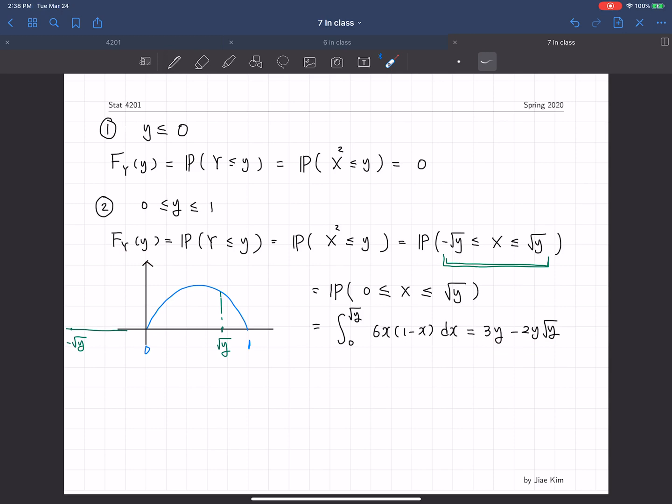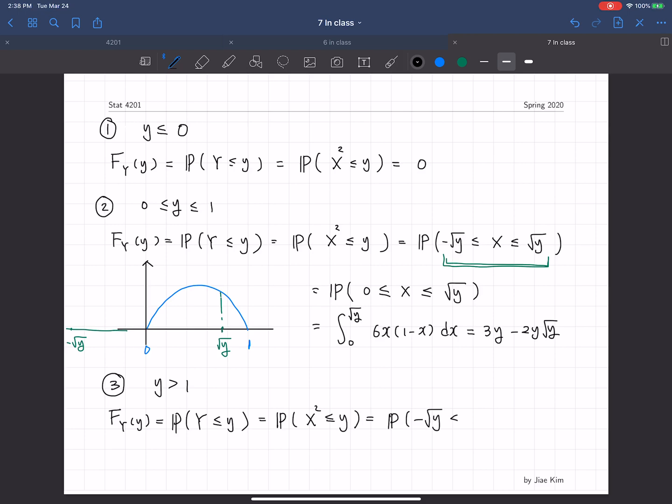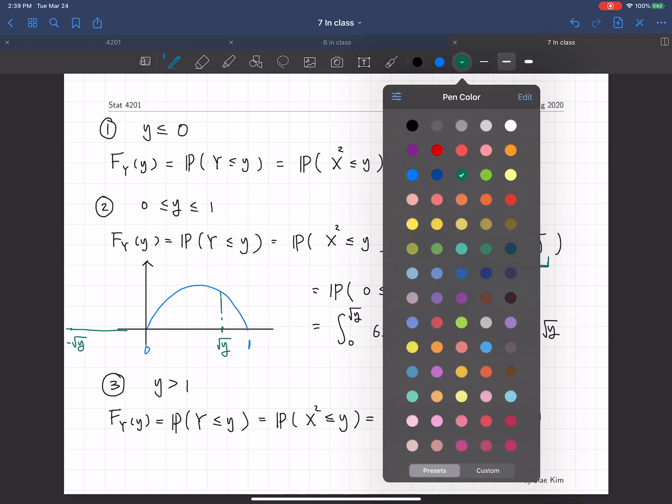The last piece is the value y greater than 1. The CDF of Y, again, is the probability of capital Y less than or equal to small y, which is the probability of X squared less than y, with the same algebra, X between negative square root of y and square root of y. But for this specific y, I'm changing the color, please bear with me, maybe pink.